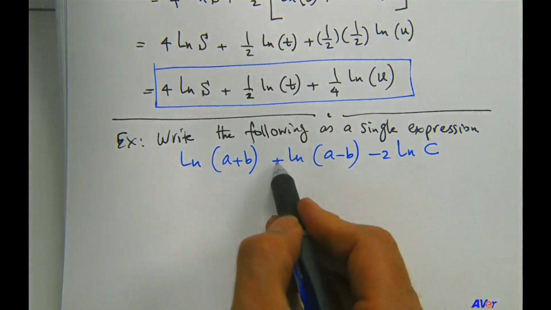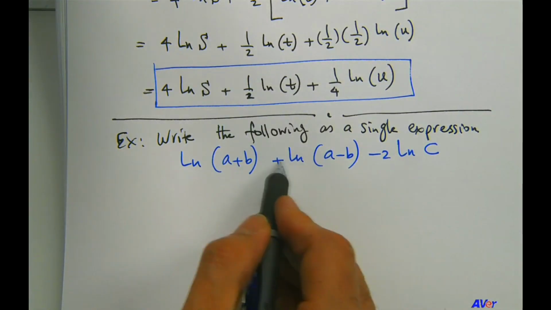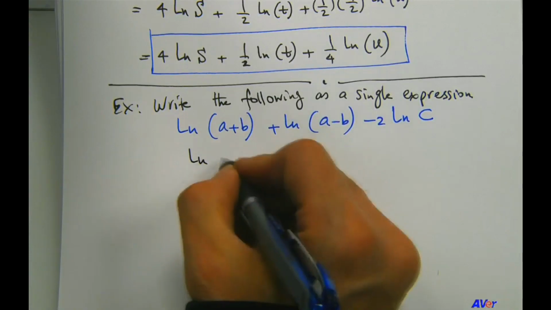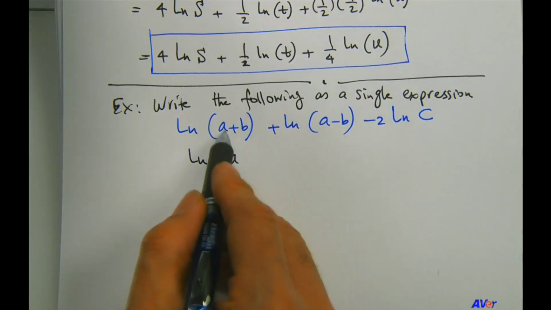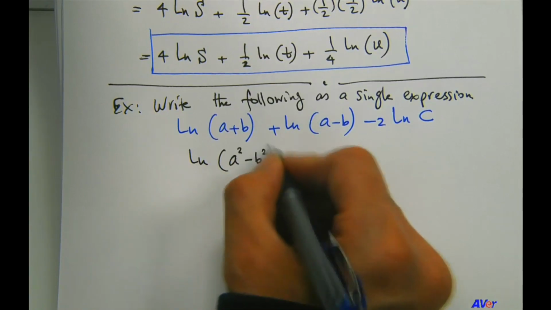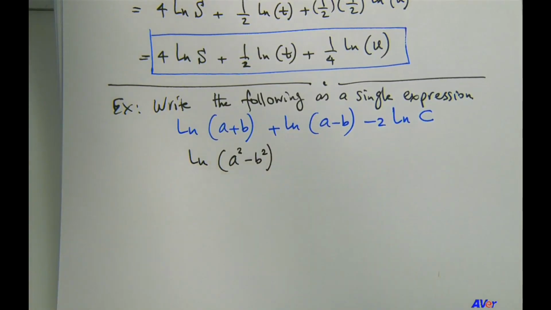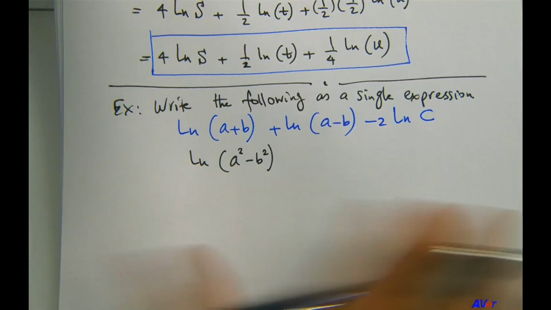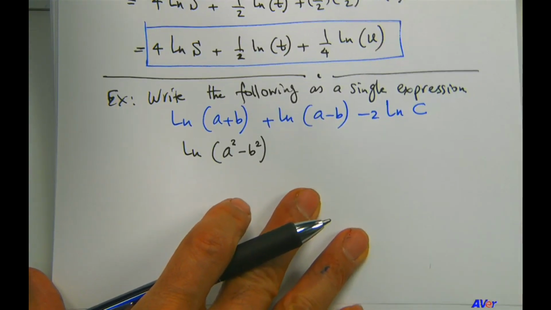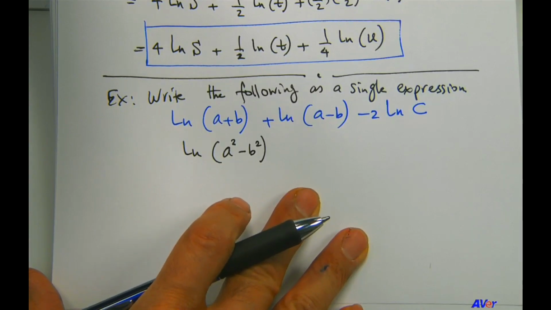So what do we have here? We have addition, right? So we can go the opposite and multiply those two entities. So we can write natural log of, and this is a plus b times a minus b, so we have a squared minus b squared. Remember that shortcut formula we had, or we looked at, or we used back in Math 124 and Math 126?